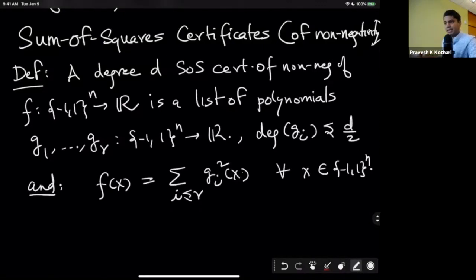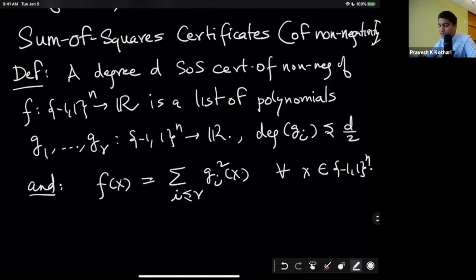Okay, so just to parse this statement out, I said that I'm looking for a certain kind of certificates of non-negativity. In particular, I'm going to be interested in certificates that can be verified quickly if somebody hands them over to you. So the sum of squares algorithm is going to look for sum of squares certificates of non-negativity, and they are described by a list of polynomials.